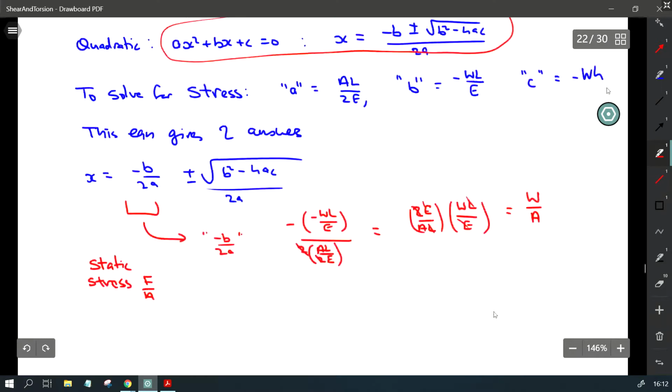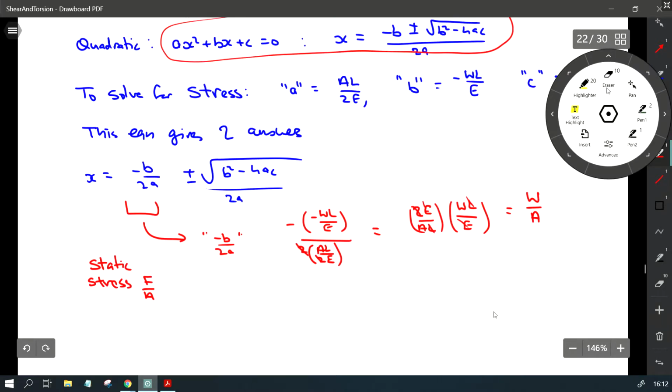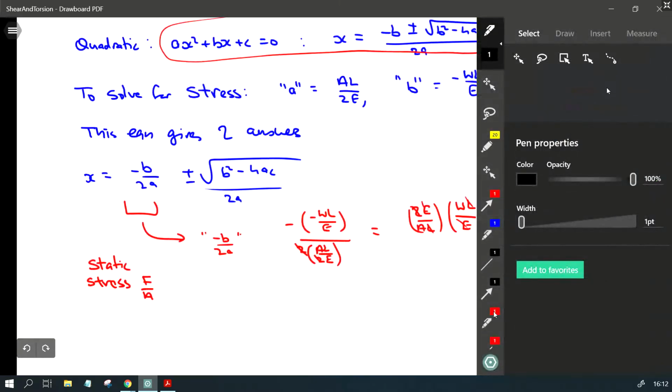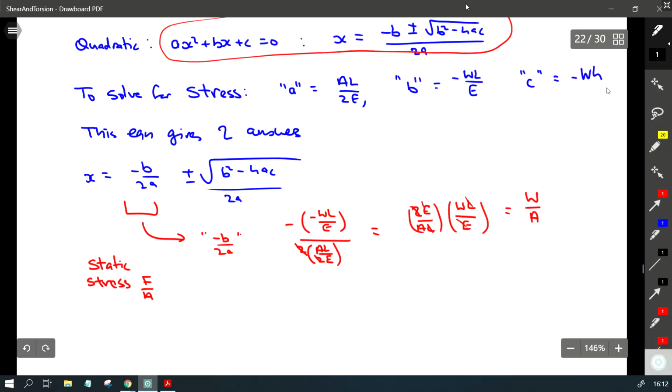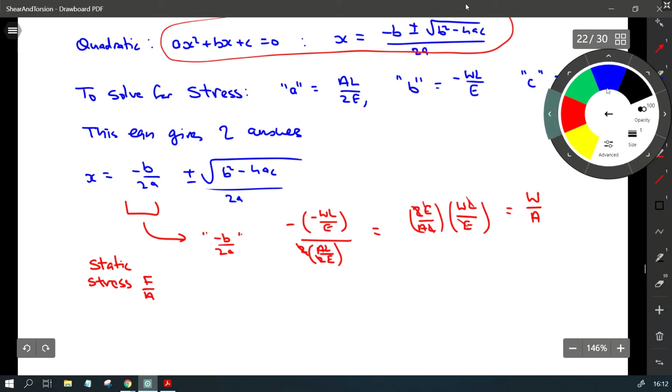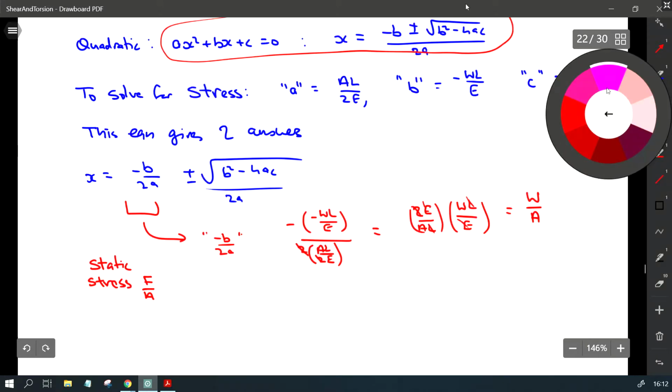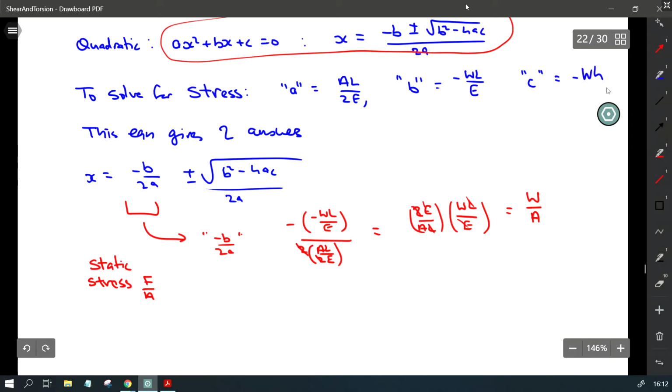Okay, so another color. Okay, so this part is the dynamic part.